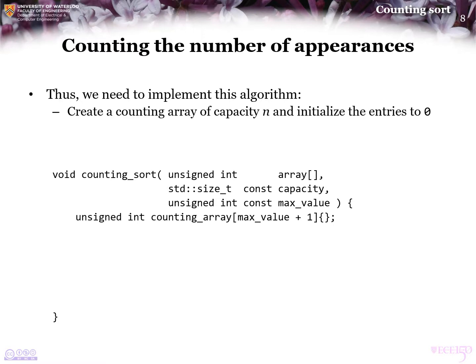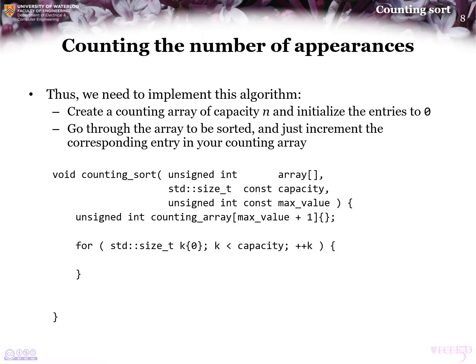The first thing we have to do is create an accounting array, and that is going to have to be able to store indices from 0 to max value, and therefore its capacity will be max value plus 1. We will initialize all the entries of that array to 0. Next, we have to go through the original array that we intend to sort, and at every single step increment the corresponding entry in our accounting array.